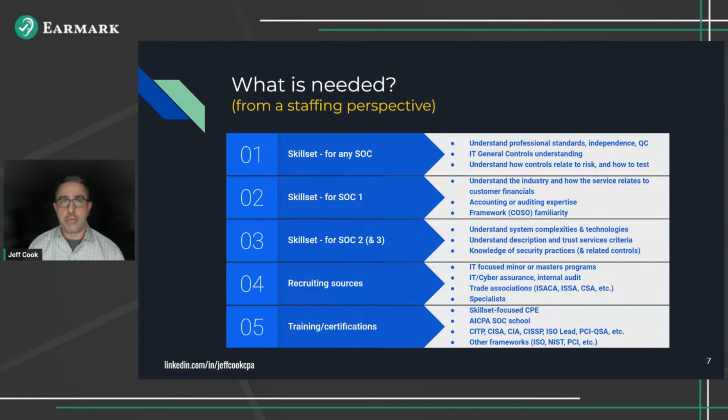Technical expertise, as I mentioned, means expertise with IT general controls, such as logical access, change management, backups, incident response, things like that. They have to know how we test these things for our clients. Knowledge of the relevant industry: what does it mean when you have a software as a service, SaaS, provider? What does it mean when they sit on an infrastructure provider, et cetera?